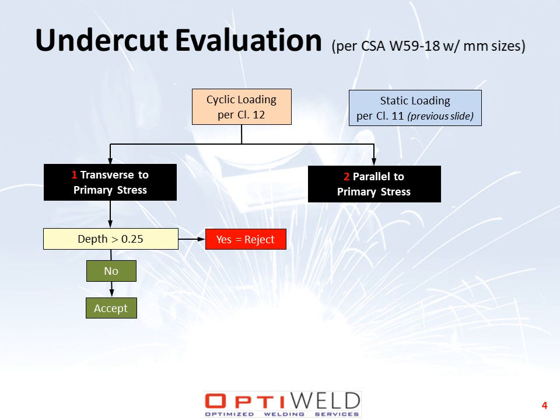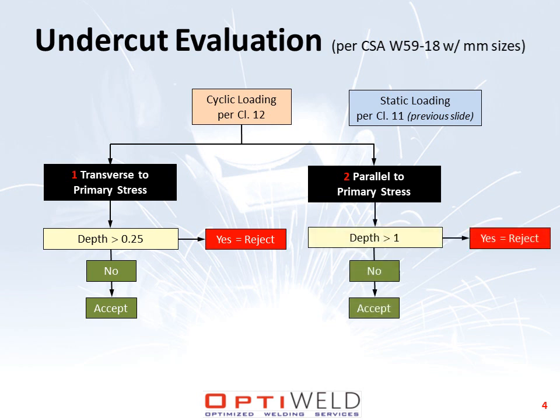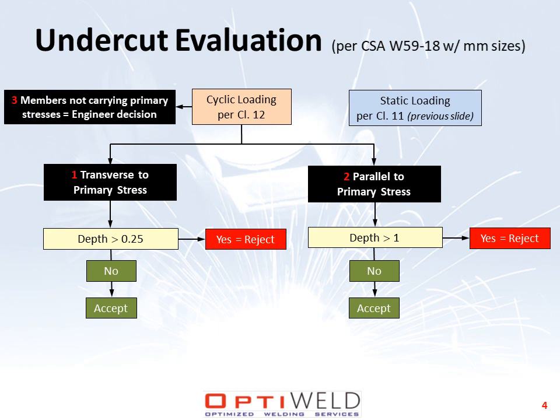When stresses are across the weld, a very minor amount of 0.25 millimeter is permitted regardless of the length. When primary stress is parallel, a maximum of 1 millimeter depth is permitted. If the engineer specifies a weld does not carry primary stresses in the fabrication, then it is his or her decision on how much undercut is permitted.